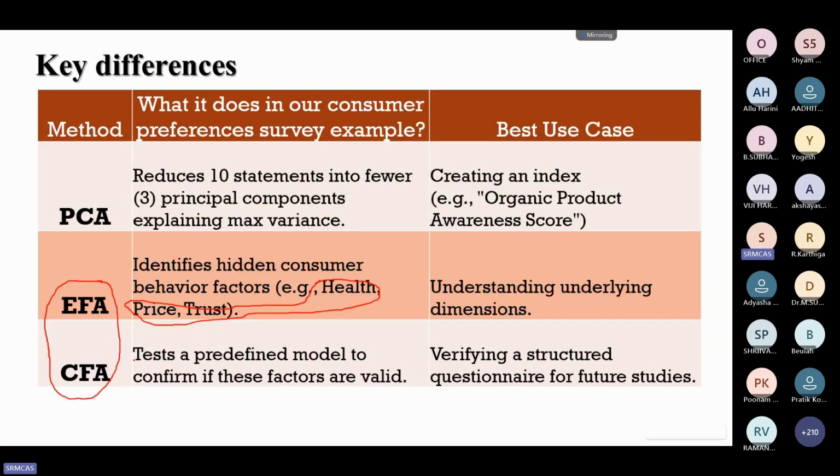For example, if you know the different statements or attributes related to health, price, and trust before the analysis itself, then under the confirmatory analysis, we can confirm by looking at the variance and covariance of the different variables, the attributes. Okay, so these are all the major differences between the two factor analyses.